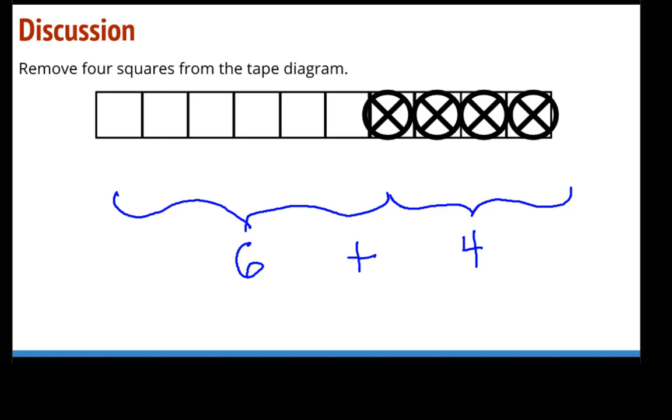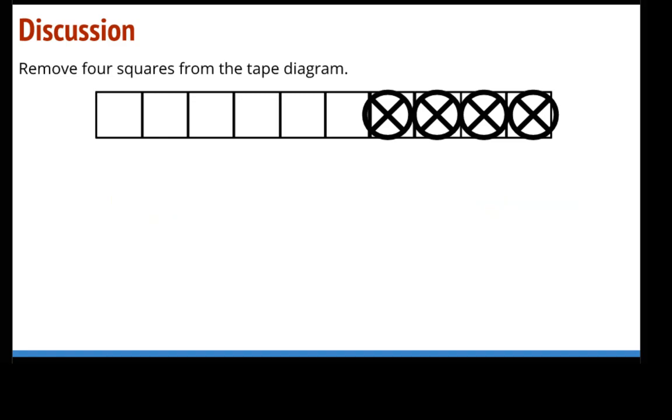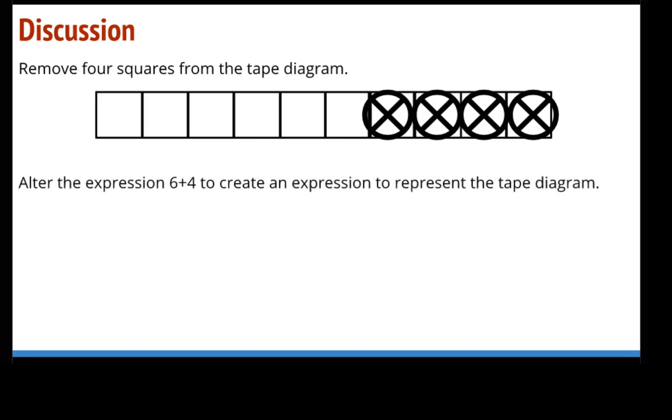And how would you show mathematically that you had removed 4? So go ahead and write that out. And here we have showing it mathematically. Notice that we have our original 6 plus 4, and we have added the minus 4.